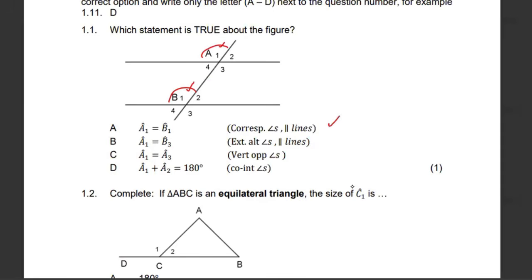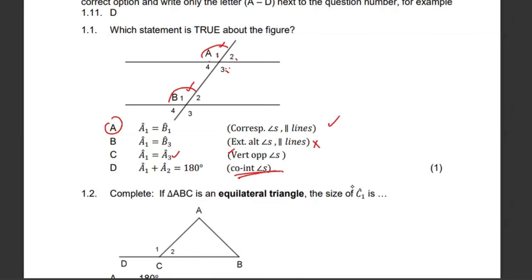When you look at A1 and A3, yes, it is correct, but then the reason is wrong. A1 and A3, vertically opposite, is also correct, and the reason is correct. A1 and A2 is 180, co-interior. No, the reason is wrong.